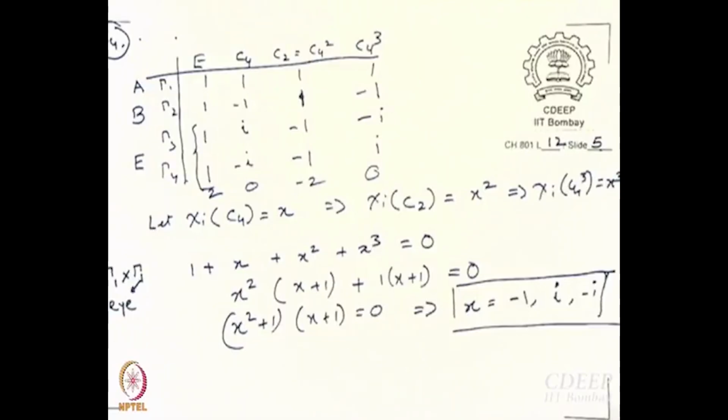There is nothing else, only the C4 axis is there. With respect to the C4 axis, you can turn once to get a C4 operation, twice to get a C2 or C4 square operation, thrice to get a C4 cube operation, and 4 times to get identity operation. Okay, that is how you know.